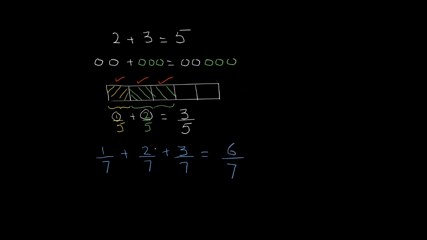And the reason why this is 6 is because what I'm really saying is 1 plus 2 plus 3 is equal to 6, because I'm just counting sevenths, and I get 6/7, just as when I was counting apples. 1 apple plus 2 apples plus 3 apples led to 6 apples. So that's how we add fractions with the same denominator.